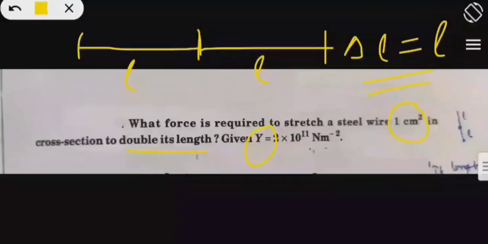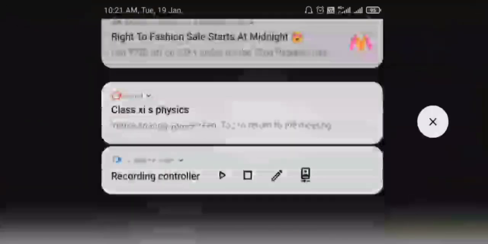So this is the data given here. Let me write down the data: L equal to delta L, which is equal to L.